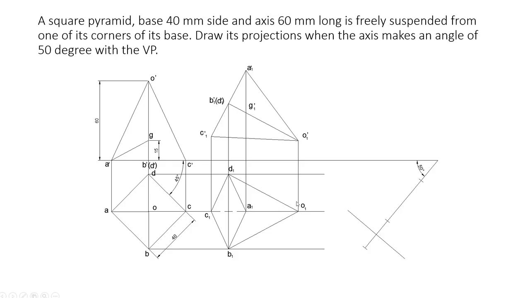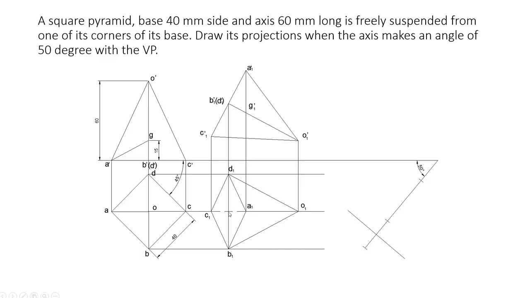Now you want to copy this diagram here in such a way that this axis makes 50 degrees. So first you draw a line at 50 degrees like this, mark a point there. Now you want to measure this dimension from here to here, and mark it from here to here.